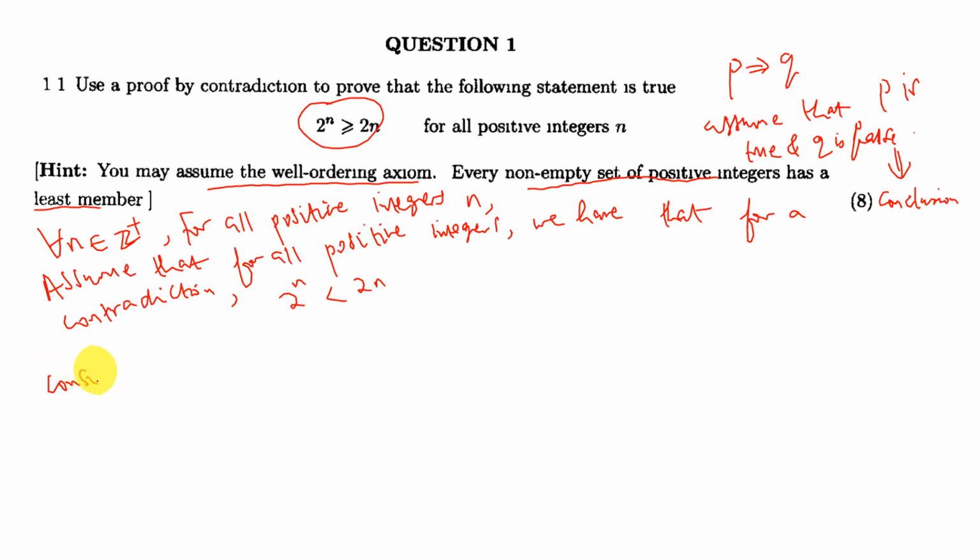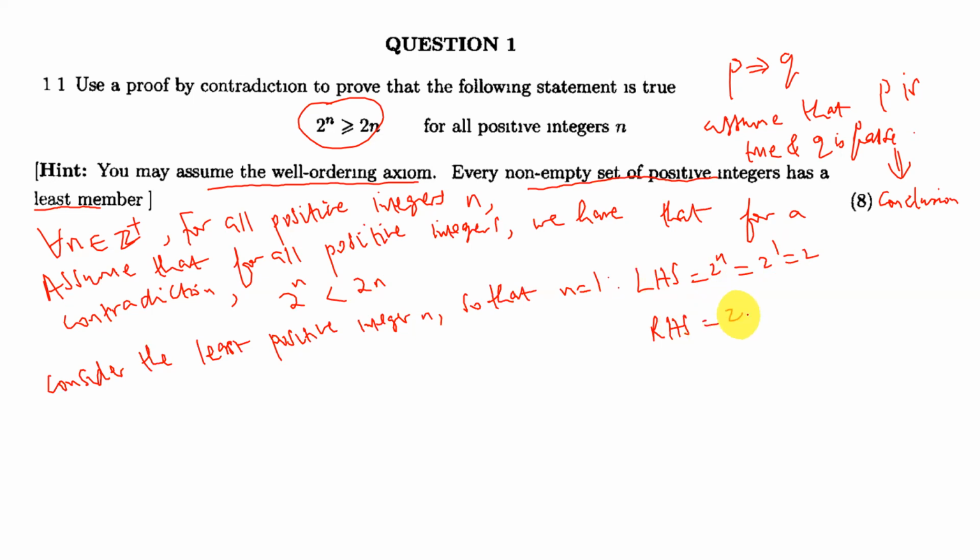So consider the least positive integer n, so that n equals 1. The left-hand side is 2 to the power n, which is 2 to the power 1, which is 2.